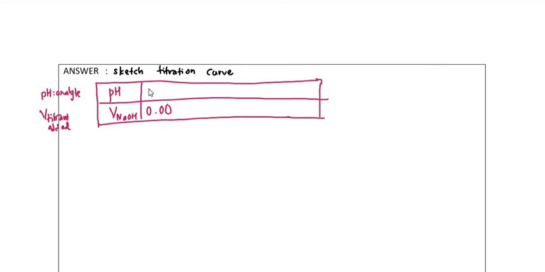The pH is 2.72. At the half equivalent point, the volume you added is 12.50, the pH is 4.74. At the equivalent point, you added 25.00, the pH is greater than 7. And at the final titration, you added 30 ml. The pH becomes 12.26.